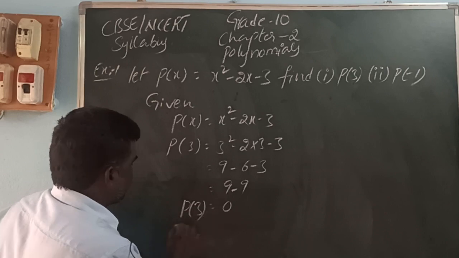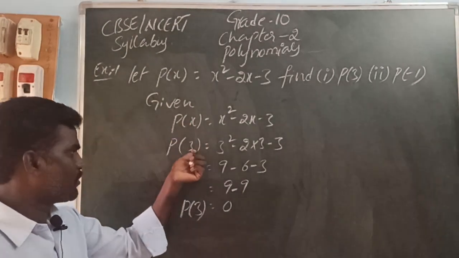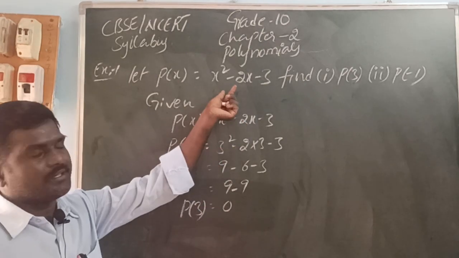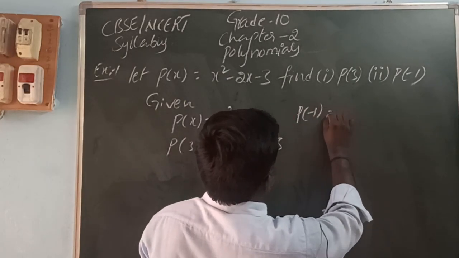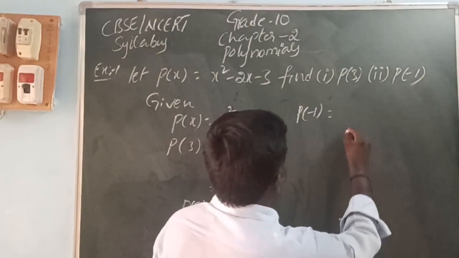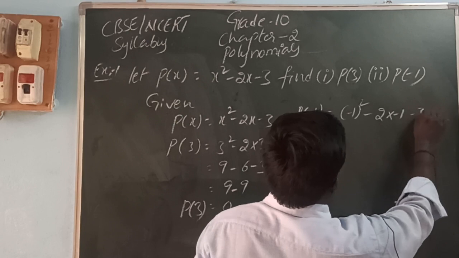So here, in the place of variable x we substitute 3, then the polynomial becomes 0. Therefore 3 is a zero of the polynomial. Next, p of minus 1. P of minus 1 means in the place of the variable we take minus 1, that is, minus 1 whole square minus 2 into minus 1 minus 3.